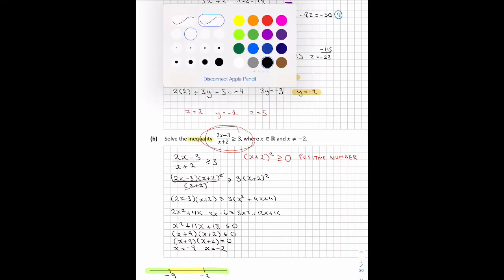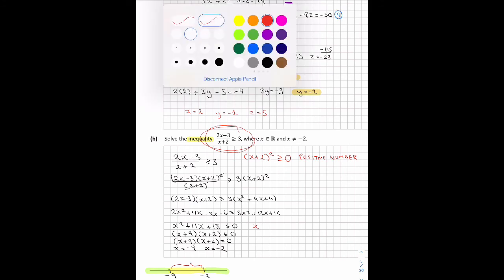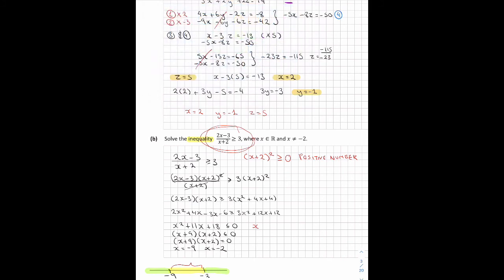That's any value in between minus 9 and minus 2, and we test it and see whether the original inequality holds. We'll try x is equal to minus 3, but you can choose any value in between minus 2 and minus 9, and we'll sub it into the original inequality.